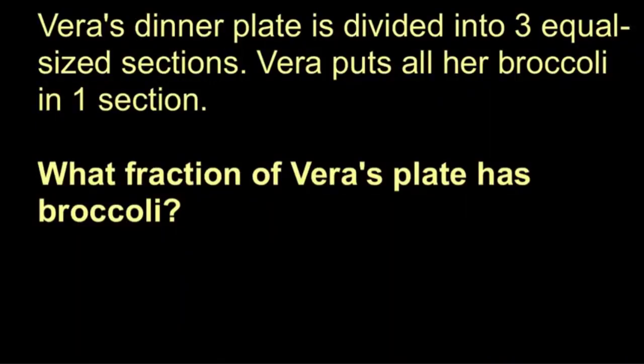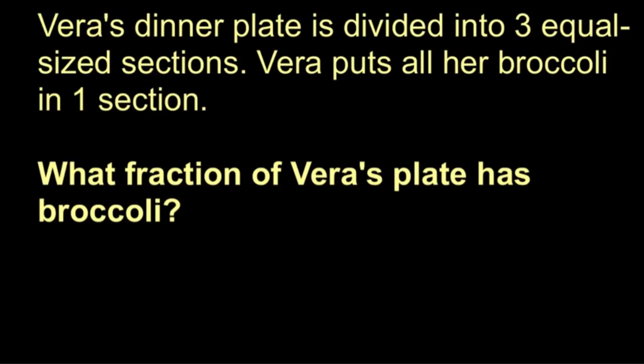This question says, Vera's dinner plate is divided into 3 equal size sections. Vera puts all her broccoli in one section, and then we're asked what fraction of Vera's plate has broccoli.